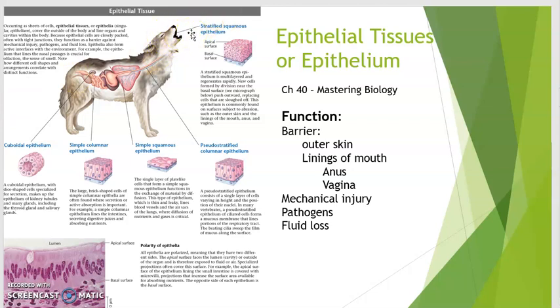Well, epithelial tissue inside of his mouth will certainly prevent mechanical injuries if he happens to chomp on a bone, or invasion by pathogens if he ate bad meat, or fluid loss as he pants. So the linings of the mouth, also the lining of the anus and the vagina, are all epithelial tissues.